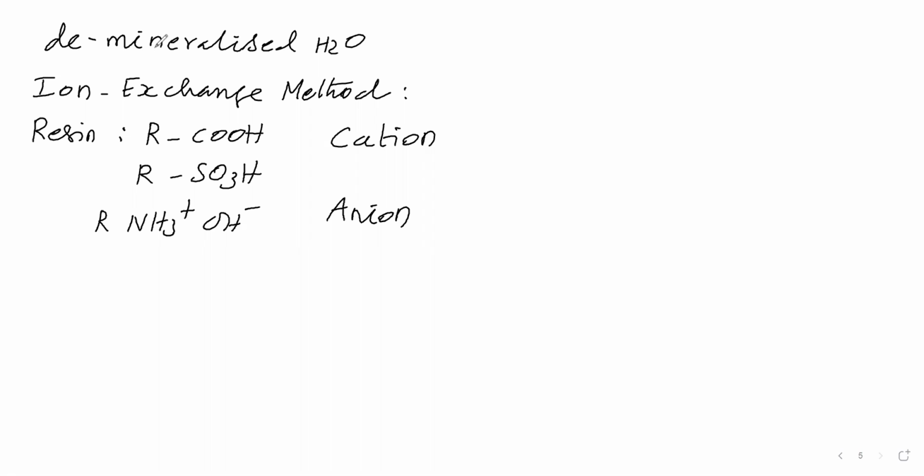How will this plant be? This ion exchange method plant is there in industries. One big drum is there like this. In this drum, cation exchange resin is packed.